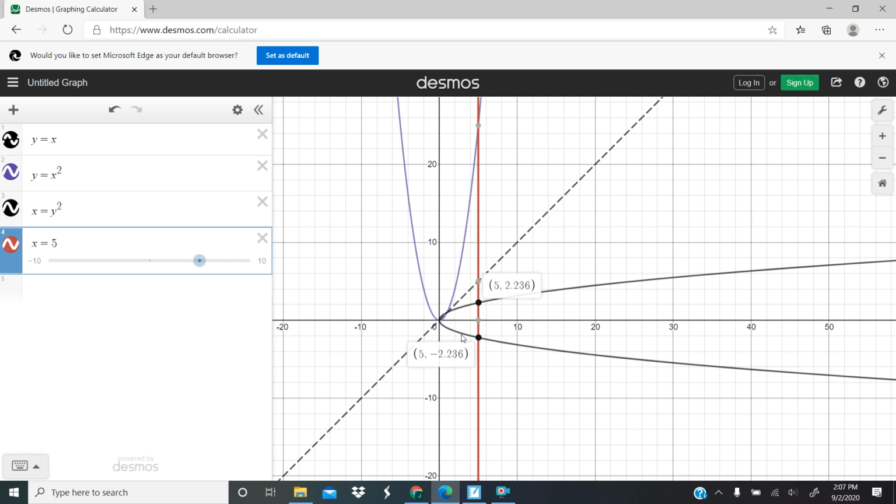But if it can hit 2 points on that graph, that means this function being graphed, x equals y squared, is not actually a function. Because for it to be a function, anytime you plug in an x, you should only get one y. But you can see right here, if you plugged in 5, for example, there are 2 possible y values. So that means this inverse is not going to be a function.